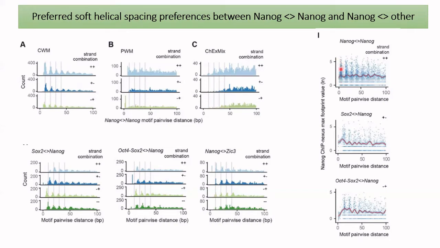This is just the raw data, just the read counts. You can see that there is, again, a preference of amplification in the read counts every 10.5 base pairs. This is for Nanog, this is for Sox2 and Nanog, this is for Oct4, Sox2 and Nanog. So obviously the model's not doing magic. It's homing in on this pattern and projecting it back down onto the sequence patterns that are predictive of these patterns that you see in the reads itself.